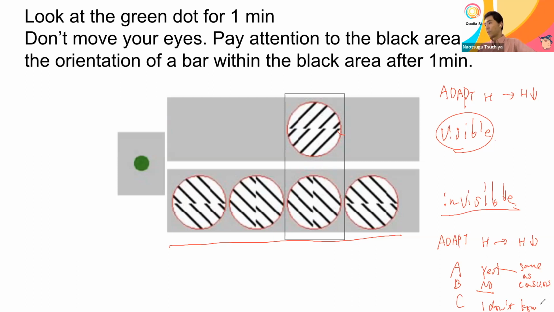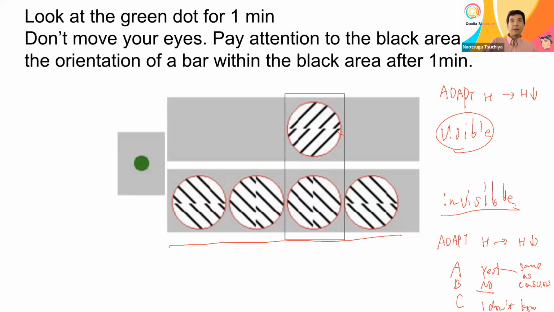Did you get the three options? Was my three-option question clear enough? Okay, I hope that was clear. Okay, so now the answer is completely split, A and B and C.